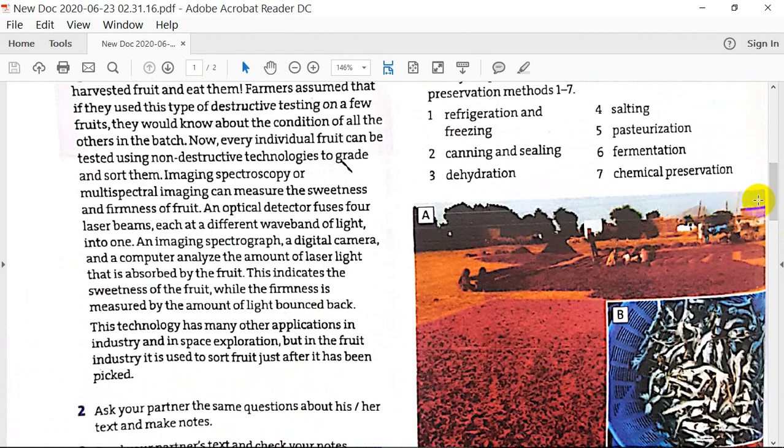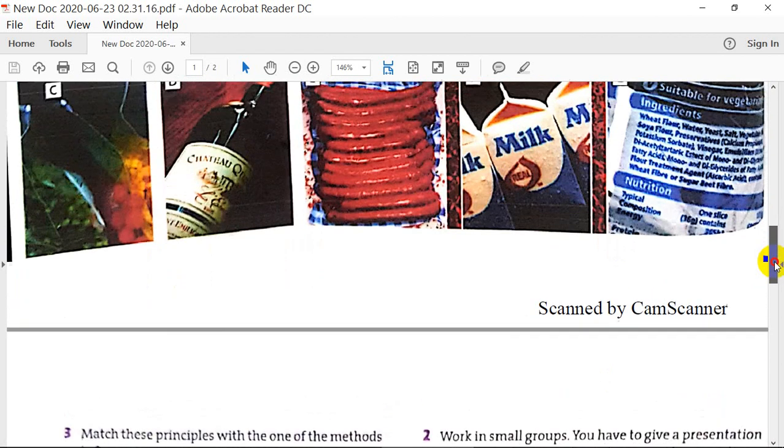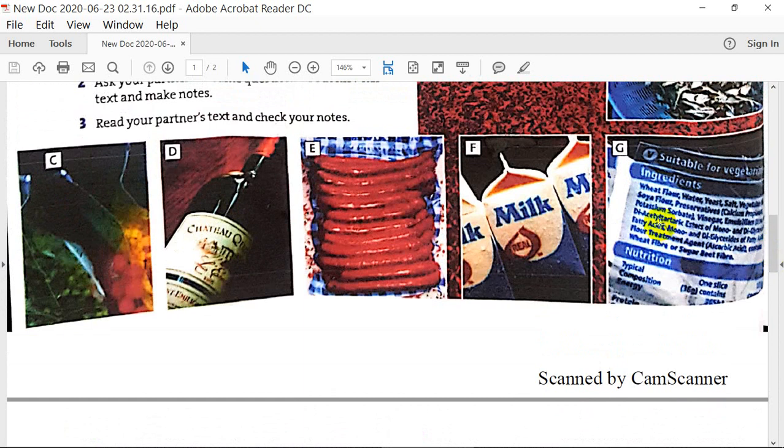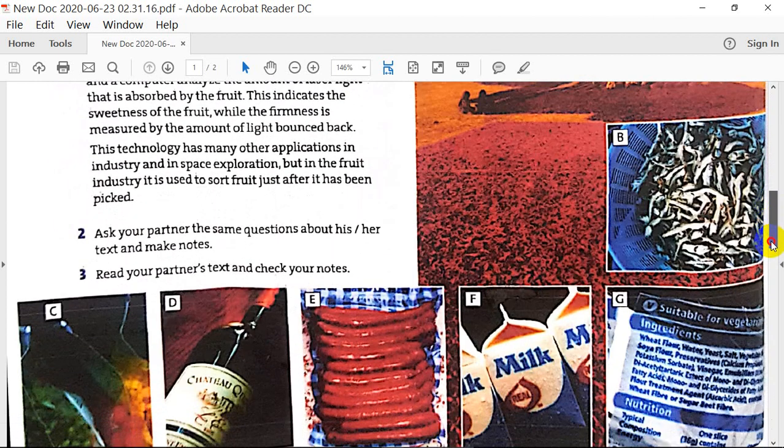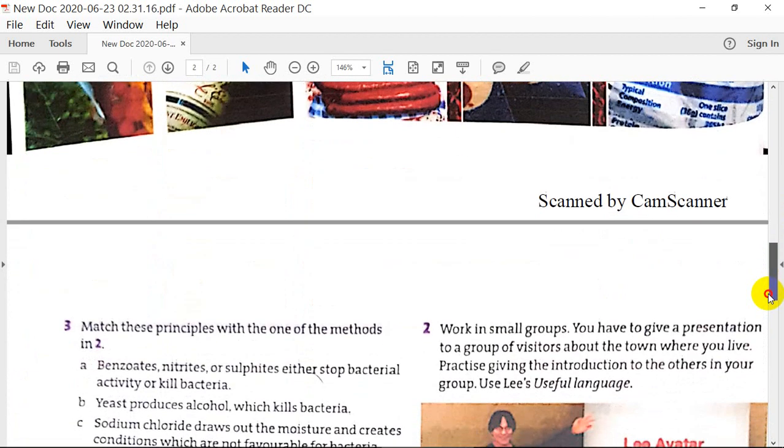Chemical preservation, as I told you before, we can match it with picture G, because chemical materials are written here, so they use chemical materials to preserve food. So we have here what? 7 words or 7 pictures. Okay, we match them. Now go to the next page.